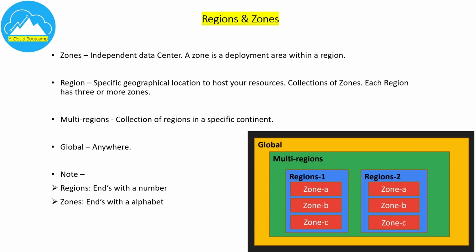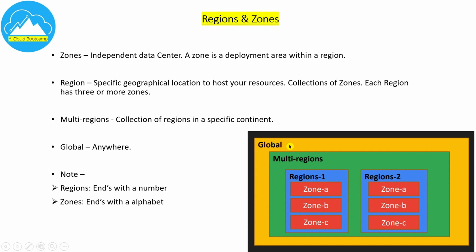On top of it, we have multi-regions. A multi-region is a collection of regions. Here in this picture, region 1 and region 2 together are like a multi-region. So that's what the definition says: a collection of regions in a specific continent is a multi-region.